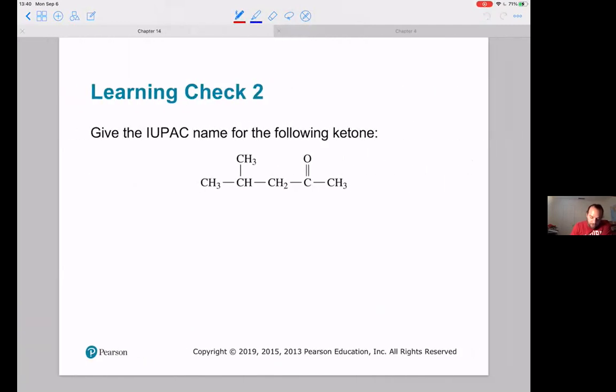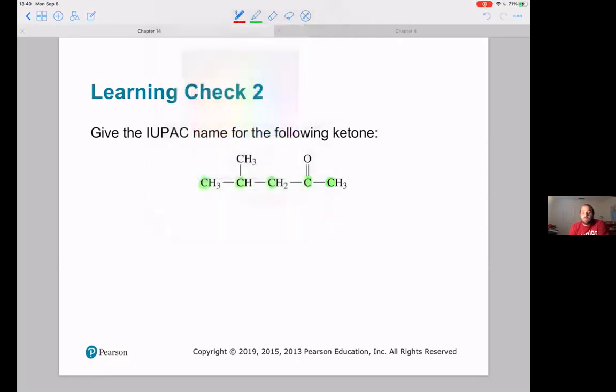Right, so let's go about the IUPAC name for this compound here. Again, what's our first step? Same first step as always, find that parent chain. In this case, 1, 2, 3, 4, 5. This is our longest continuous set.